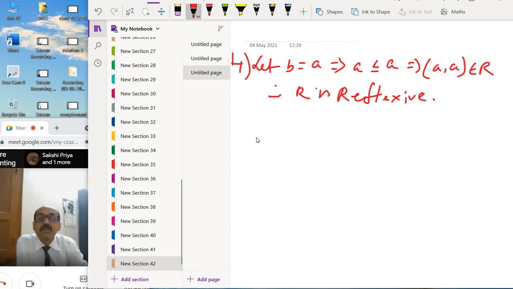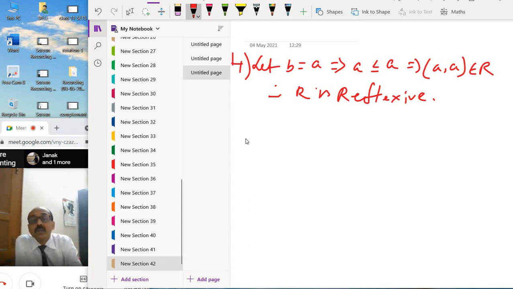So R is reflexive. Now, symmetric or not? Take particular elements, let 4 and 5, because 4 is less than or equal to 5.